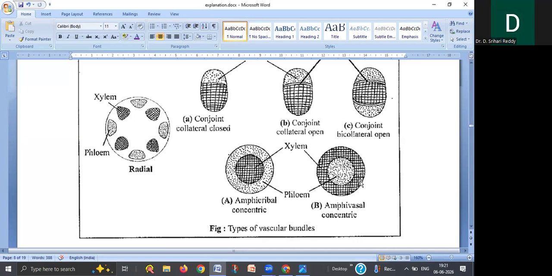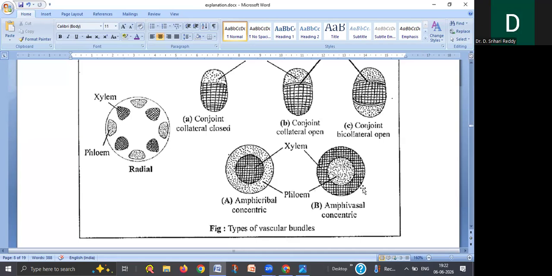And one more thing you should remember is anomalous secondary growth. As we know, we find secondary growth only in the dicots, because in the monocots there is no vascular cambium. So due to the lack of vascular cambium, usually there is no secondary growth in monocots. But Dracaena and Yucca are the exception.